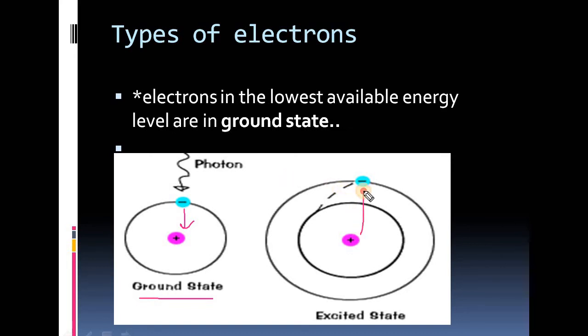But the electrons that are far away from the nucleus, where the attraction forces are less than those in the ground state, we call electrons in excited state. They are ready to be lost, to form bonds with other atoms.